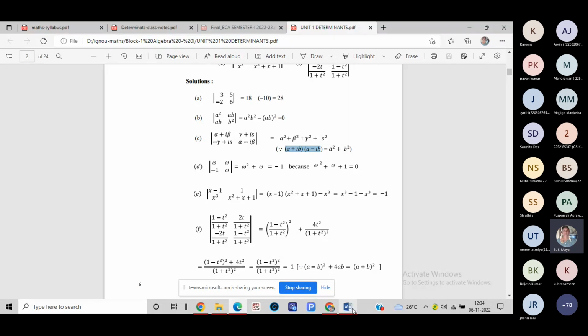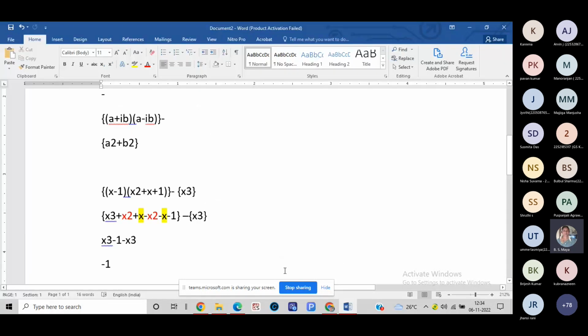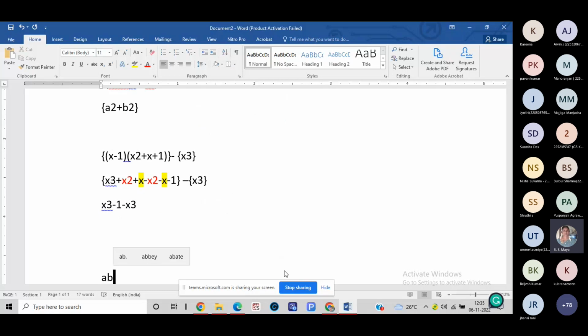When I multiply, you have AB as one term minus, what is the term you will get? C plus ID minus C square into C minus ID. This is the first step. What is the next step?